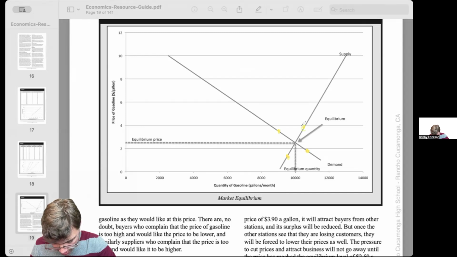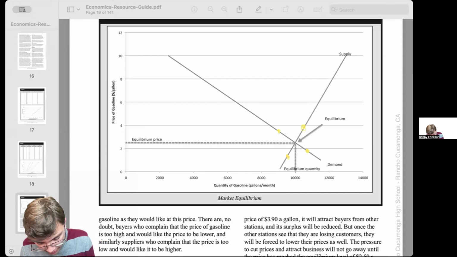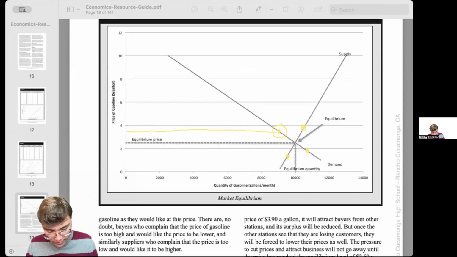So, what it means to be at this point, right here, means that you are willing, at a price of just below $4 to buy this quantity here.